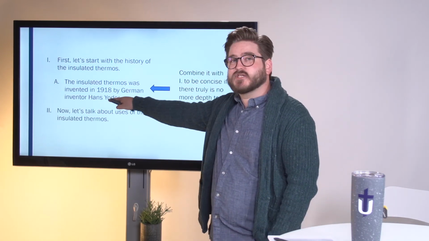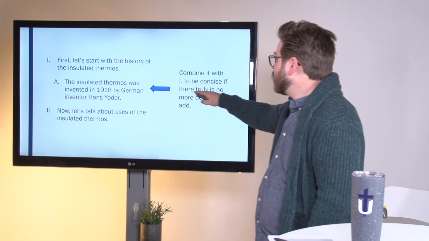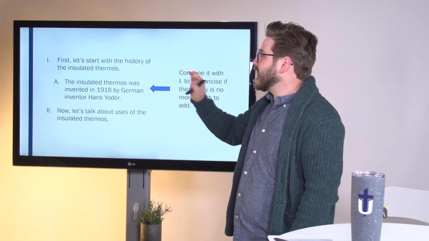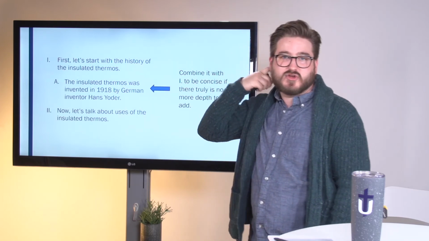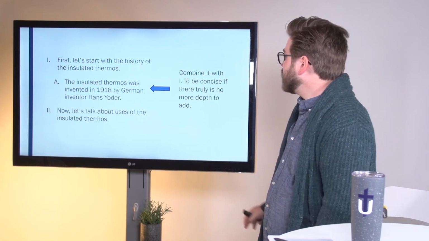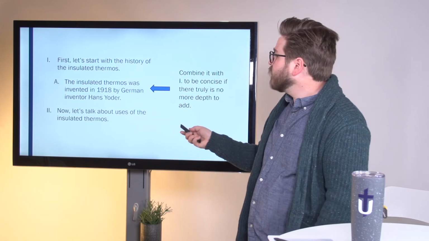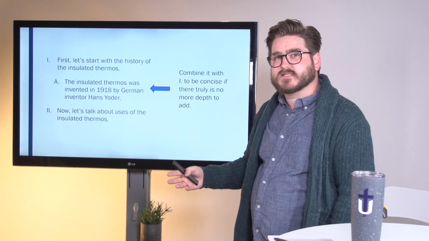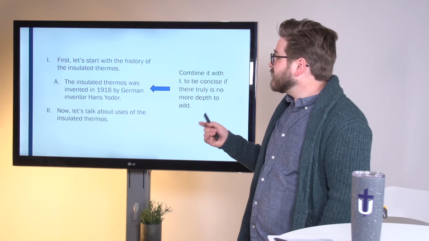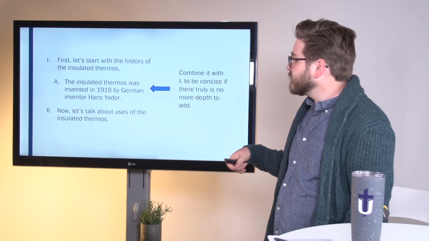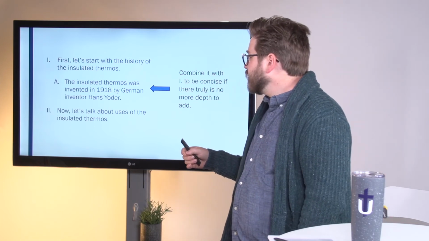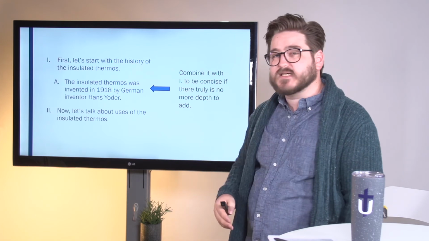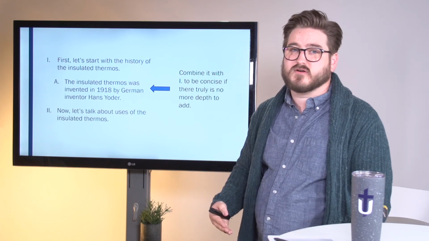What is this information here? If there's no more depth to add, if this truly is as much detail about the history of the insulated thermos as I want to include, then I should just combine it with my main point here. That way, I can be concise. I could say, instead of let's start with the history of the insulated thermos, something like, the history of the insulated thermos begins and ends in 1918 with German inventor Hans Yoder.